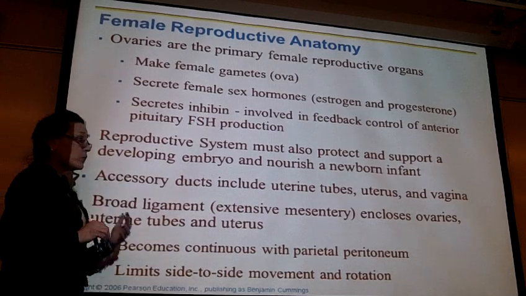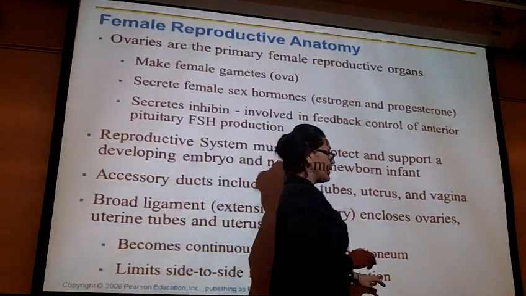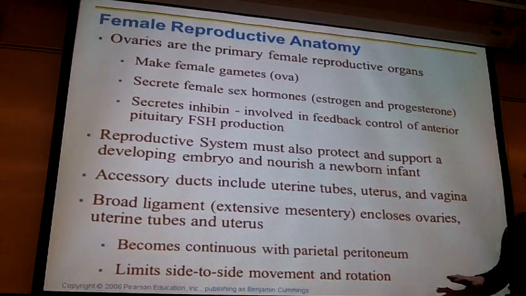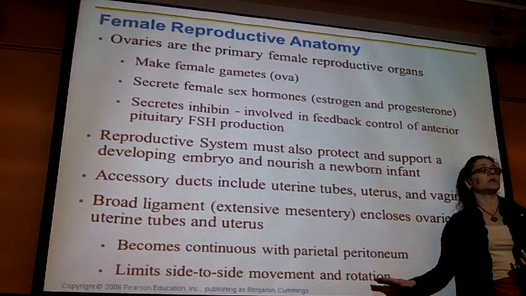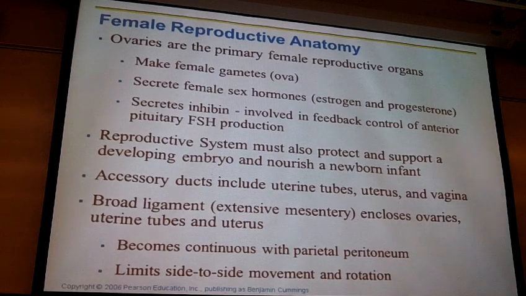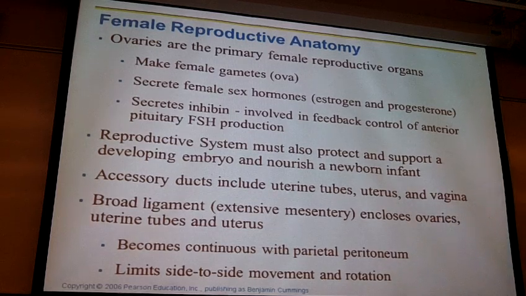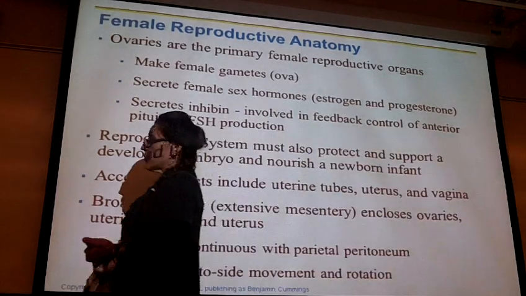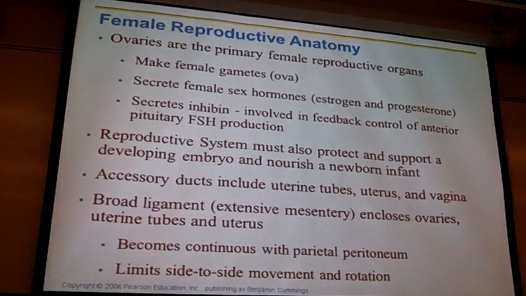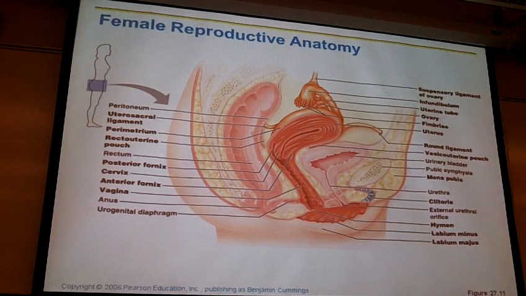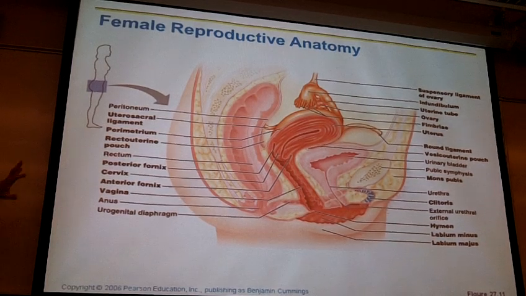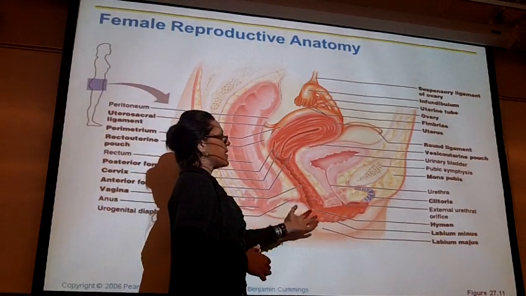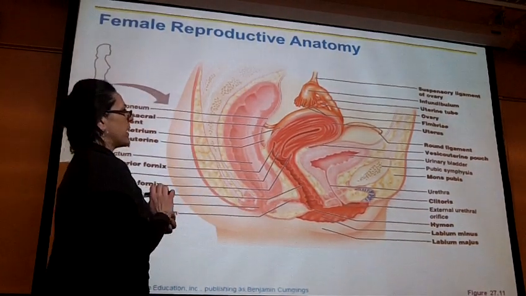And then, really important when we have a developing fetus, when that fetus starts moving around, we don't want any rotation to happen. So this is going to keep the uterus from rotating, keep everything kind of in place. And then we're going to have a lot of other ligaments on top of this. And we're not going to go through all of them, but we'll talk about some of them. So first of all, when we look at this sagittal section, we want to just define the major structures that we're looking at.